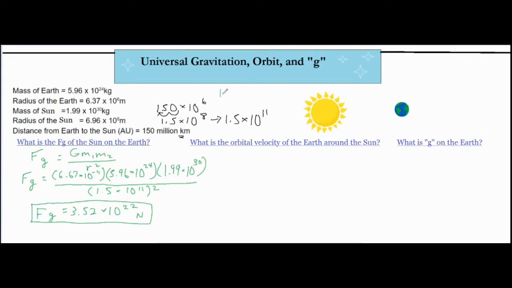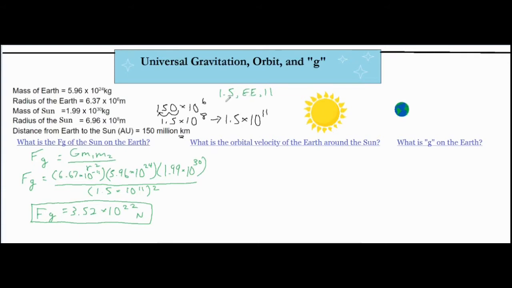I'll hit 1.5, I'll hit this double E function, and then I'll hit 11. You don't have to type it in like that. I usually choose to because it's a little bit more simple. It saves me time, and I don't have to raise it to an exponent. This double E function means times 10 to the blank power. So I hit 1.5, double E, and then 11.